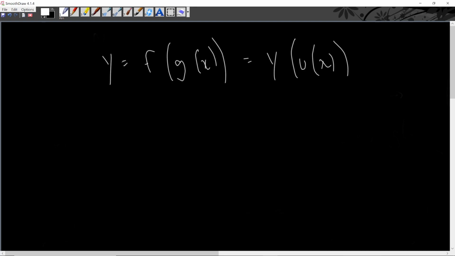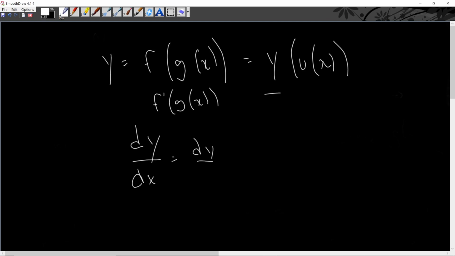So this is still a function of y, right? This is y of something that uses an input. So we are going to be finding the derivative of y with respect to x. And again, we said that this is f prime g of x. So this is going to be the derivative of y with respect to its input. So if this is the derivative of f with respect to its input, that's df dg.